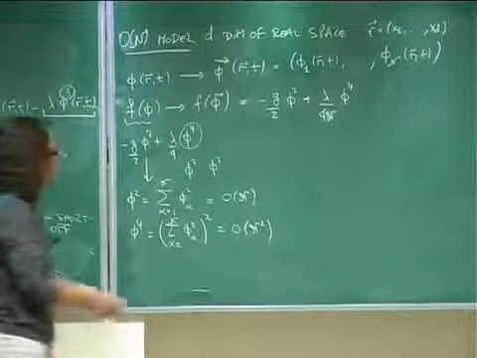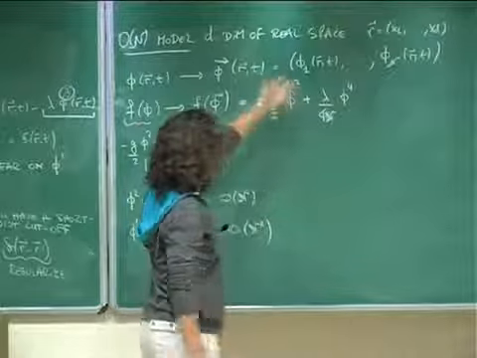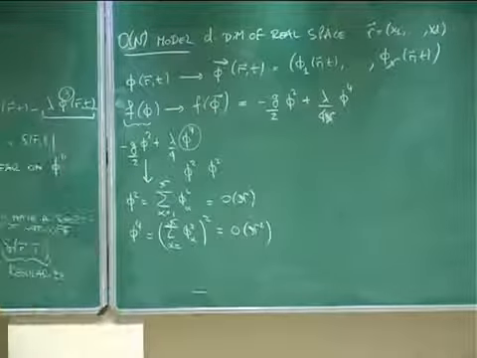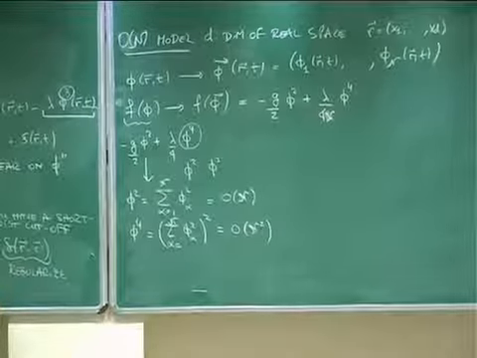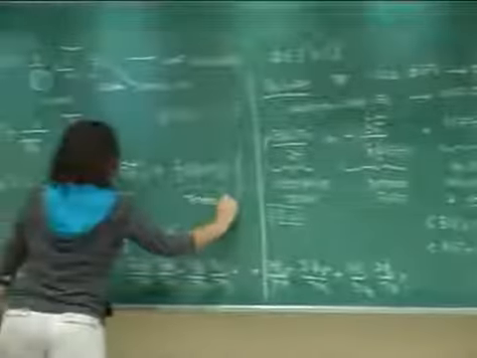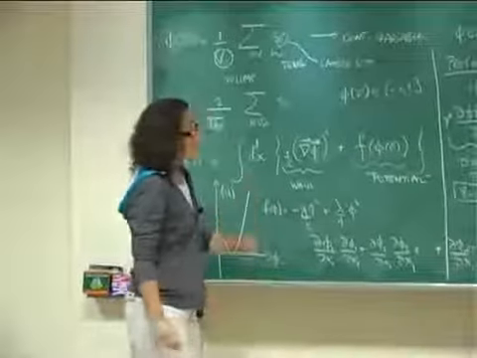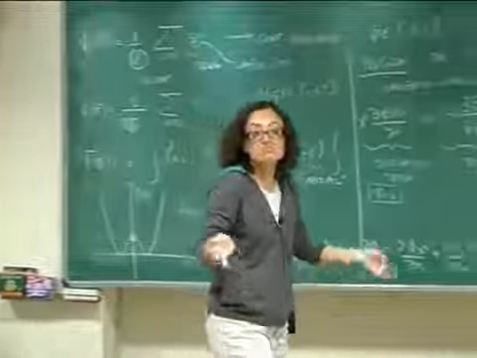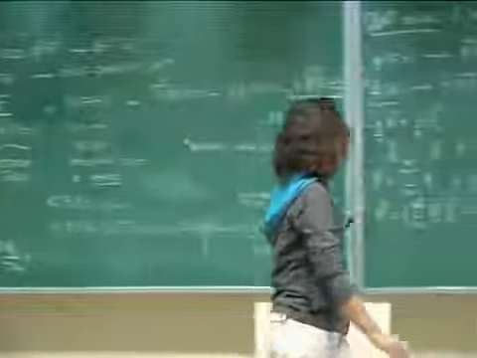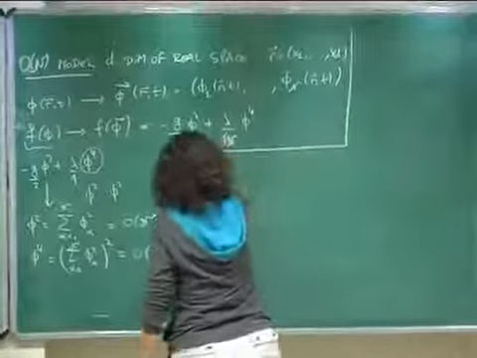But apart from that, I have the same kind of potential. Apart from this 1 over n here, it is the same form of the potential that I had before. I'm calling potential this part.